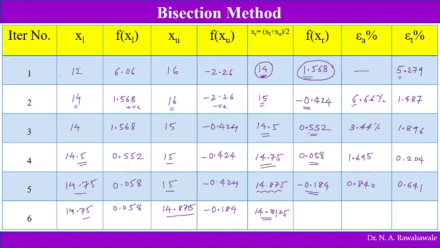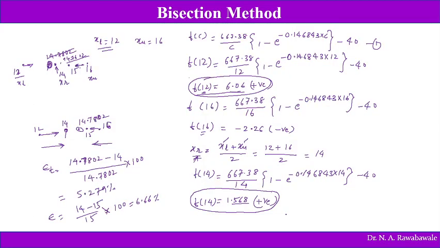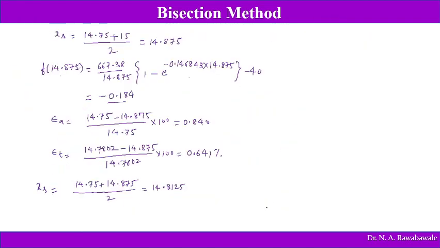Now substituting this 14.8125 in the function value, we get f of 14.8125, which is equal to 667.38 divided by 14.8125, into 1 minus e to the power of minus 0.146843 into 14.8125, close this bracket, minus 40.